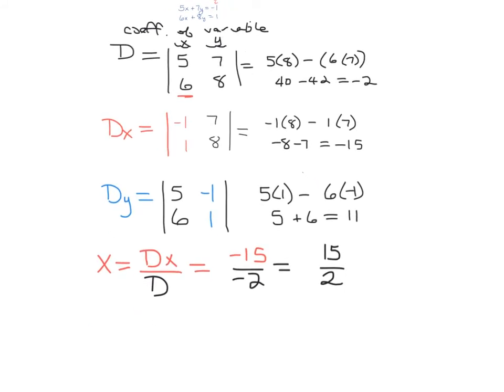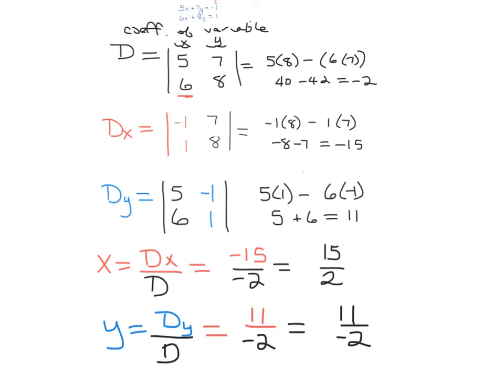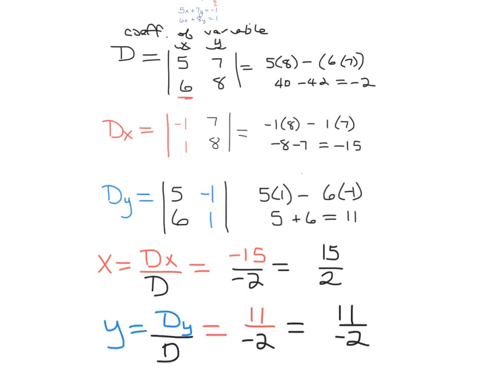To find y, I'm going to take Dy and divide it by D. Dy was 11, and again my D was -2. So the y of my ordered pair is 11 over -2.